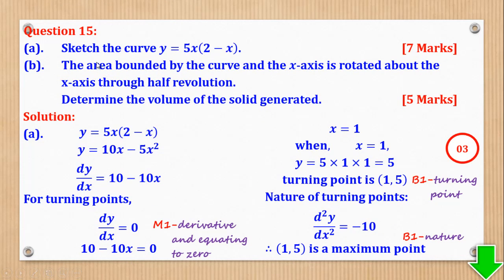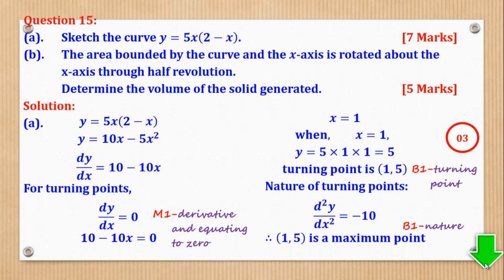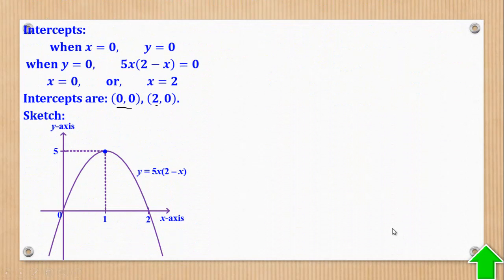Then part B says the area bounded by the curve and the x-axis is rotated about the x-axis through half revolution. Determine the volume of the solid generated. They said half. So usually we are used to complete revolution, but this time they said half, meaning I expected to see a half.